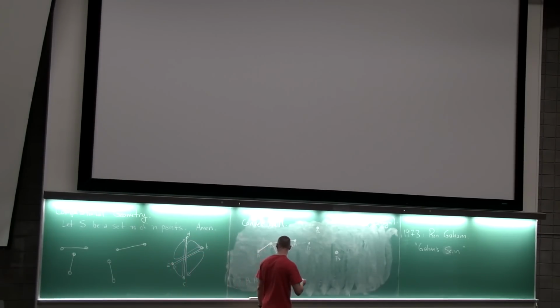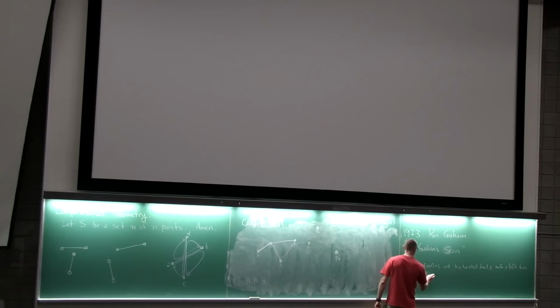When I want to do Pi, I write something like: while stack size is bigger than 1, and the top two stack items and Pi make a left turn, then I will pop something off the stack.